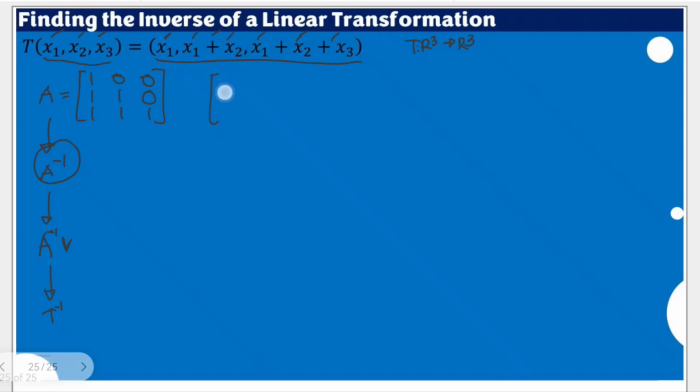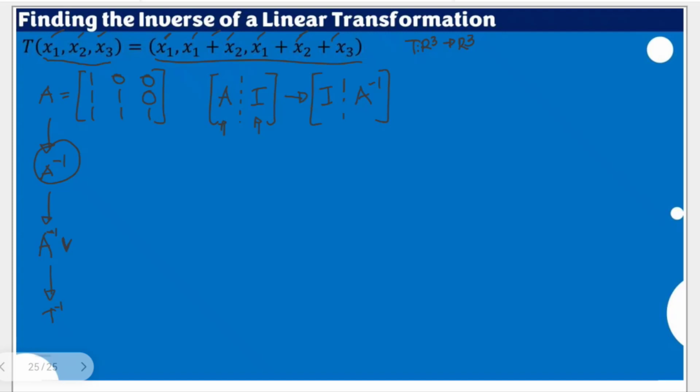We are going to have an augmented matrix of our matrix A, where we pair it with the 3 by 3 identity matrix, and then we manipulate it in such a way that the left side becomes the identity matrix. After all the elementary row operations, the resulting right side will be the inverse of A. That's the process for finding the inverse of a 3 by 3 matrix.